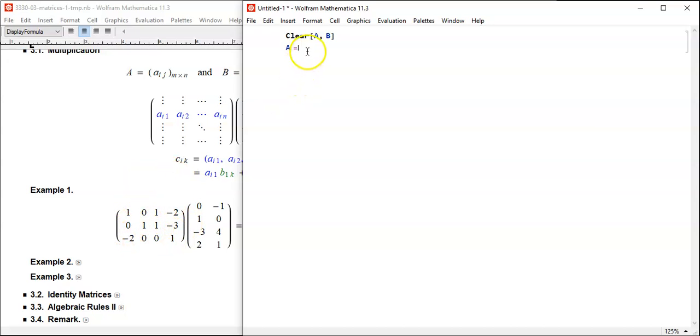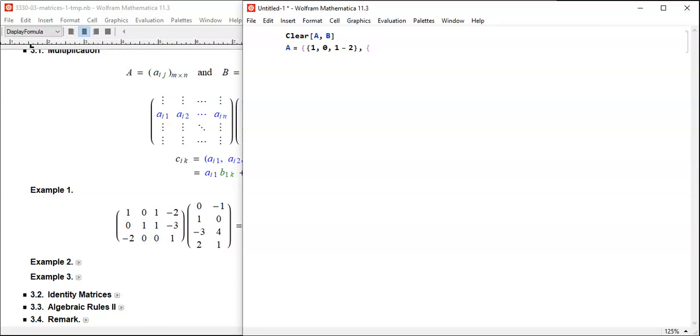Mathematica is structured like this. Parentheses are for order of operation. These arrays are all braces. Brace open for the big outside one, and then we need another brace for a row vector. And then 1, 0, 1, negative 2, row.